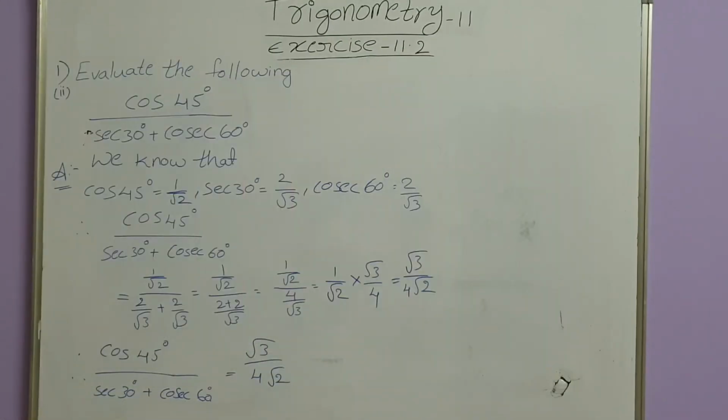In this exercise 2, first question, second one, cos 45 degrees by sec 30 degrees plus cosec 60 degrees. We know that cos 45 value is 1 by root 2, sec 30 degrees is equal to 2 by root 3, cosec 60 degrees is equal to 2 by root 3.